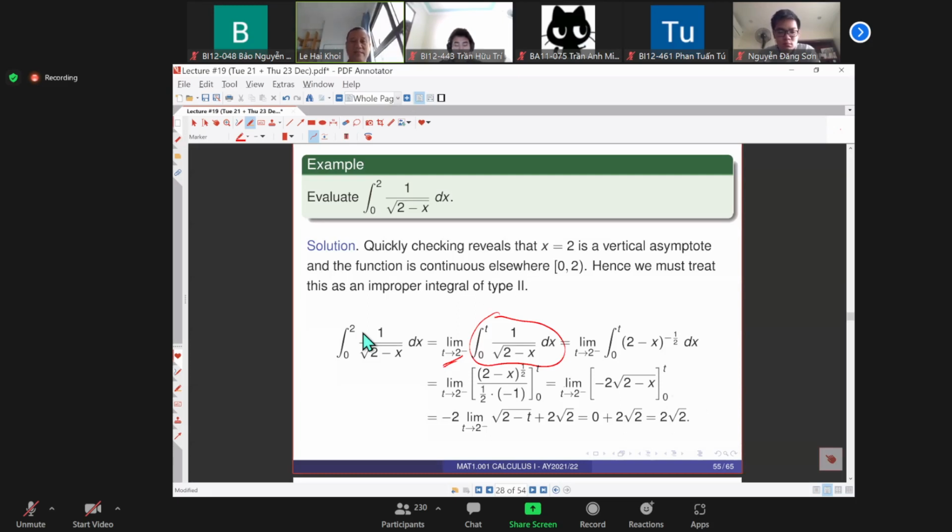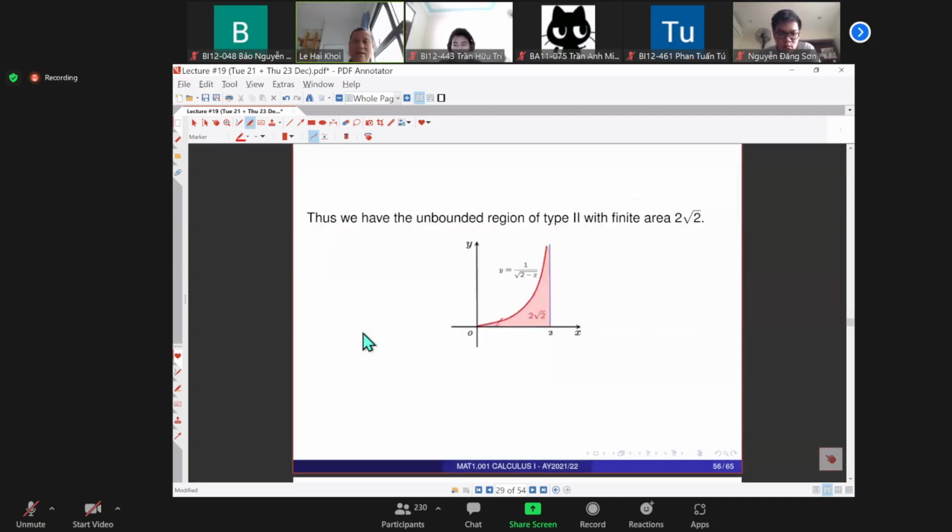Because 2 square root of 2 is a number, the improper integral converges, so it is the area of that unbounded region, which has a finite area 2 multiplied by square root of 2.